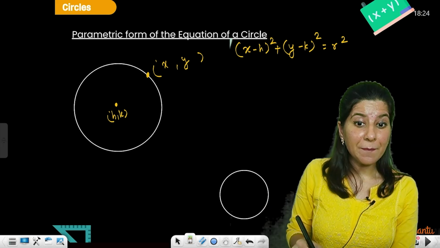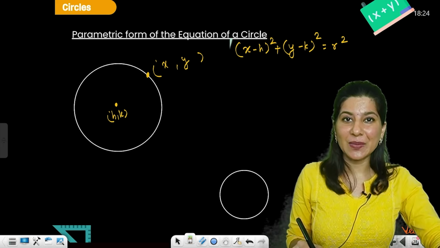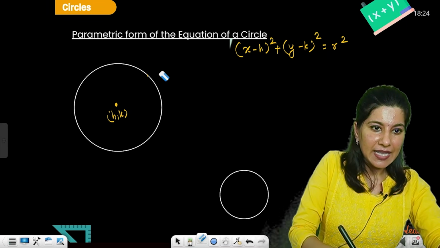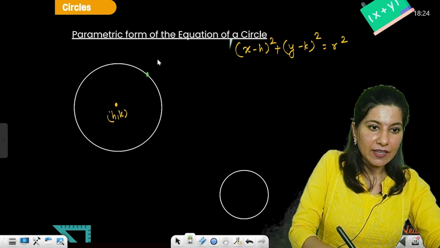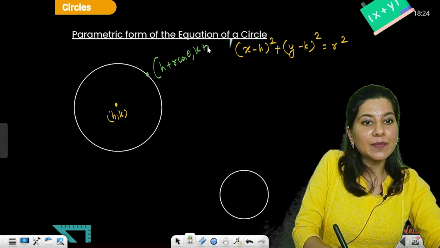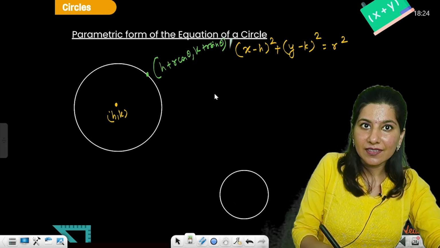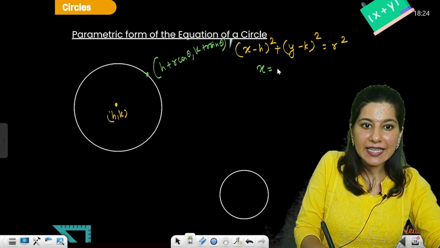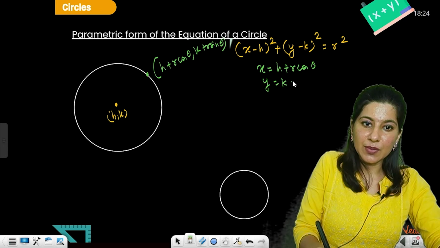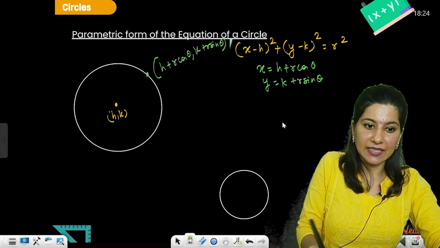Now you will see the magic of sine square theta plus cos square theta equals 1. In the parametric form, x and y will become h plus r cos theta and k plus r sine theta. That's it, right? So parametric form is x equals h plus r cos theta, y equals k plus r sine theta.